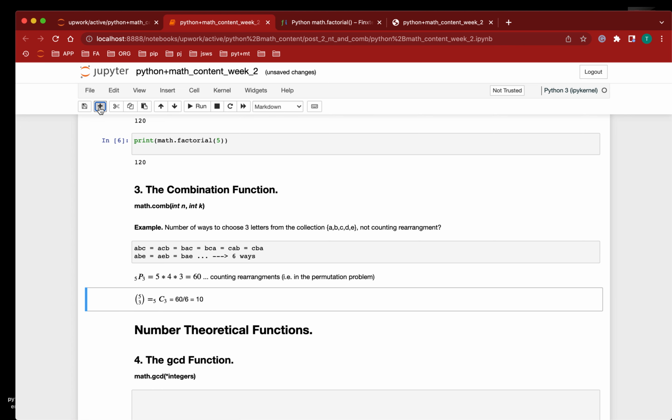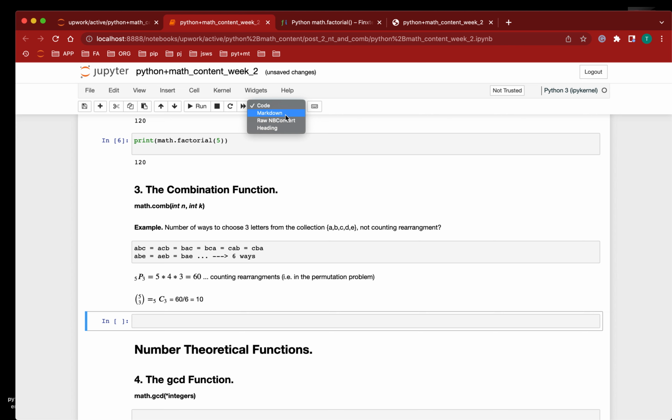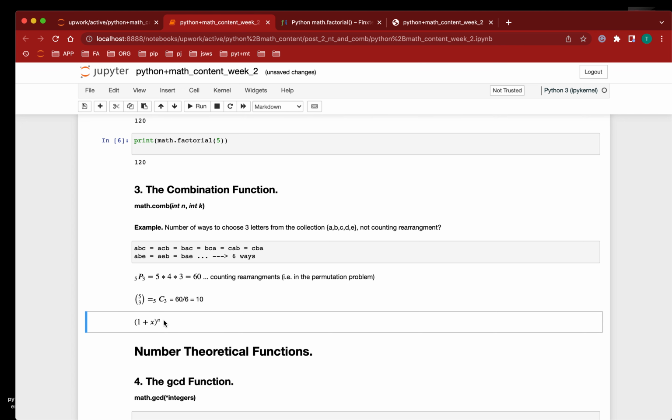And the reason why this is also called a binomial coefficient is because they are the coefficients to expressions of the form (1 plus x) to the n.